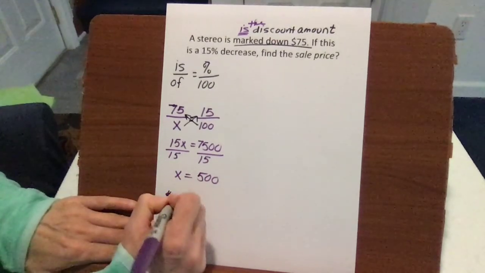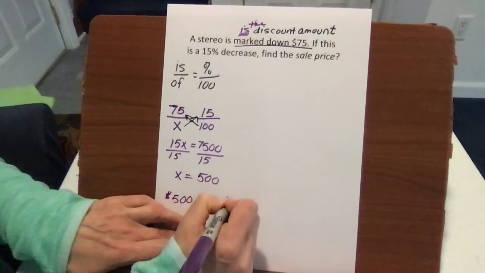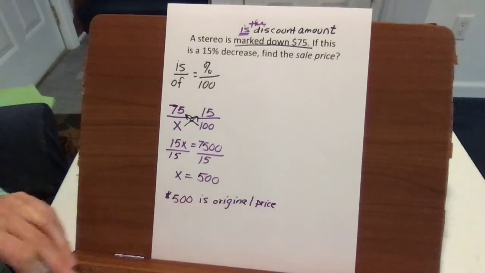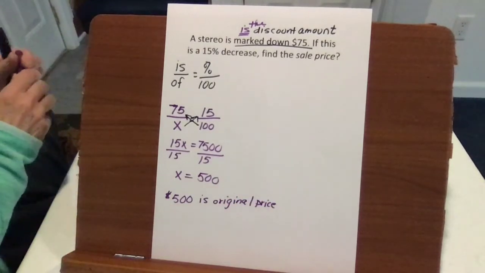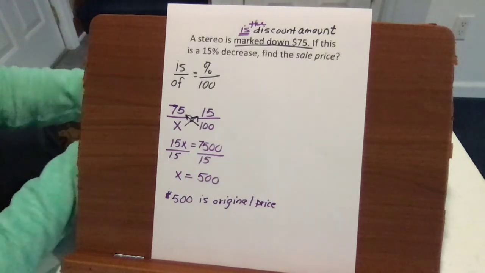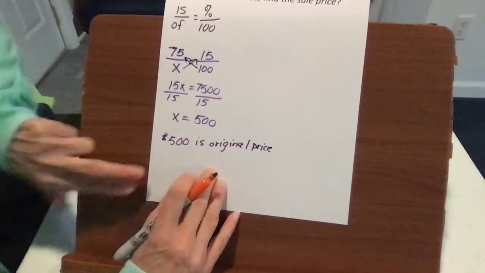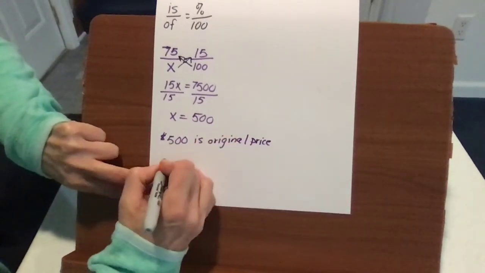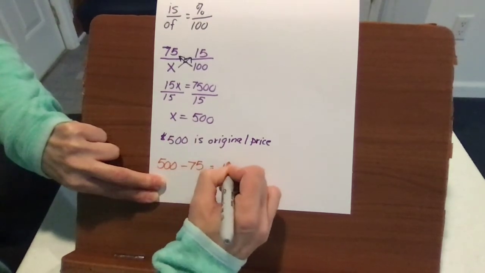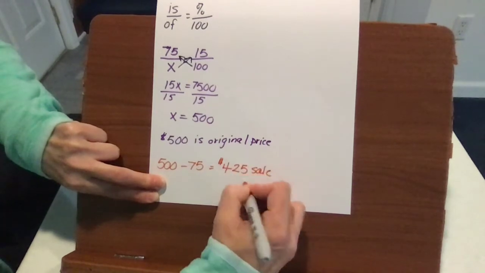So $500 is the original price, not the sale price. Now, since the stereo was marked down $75, we have to take $75 off of the 500. So 500 minus 75 is going to give us $425, and that is our sale price.